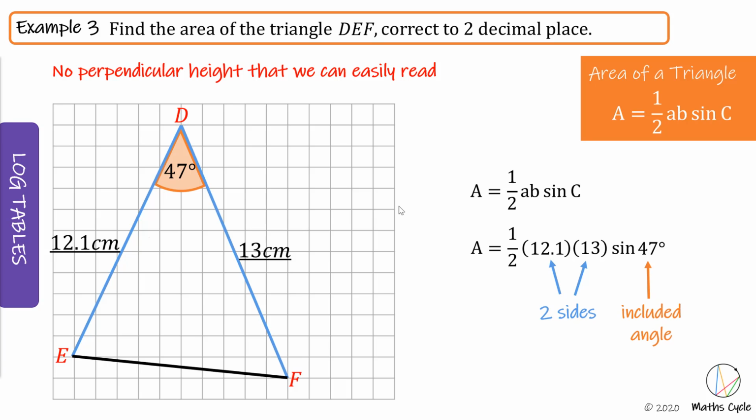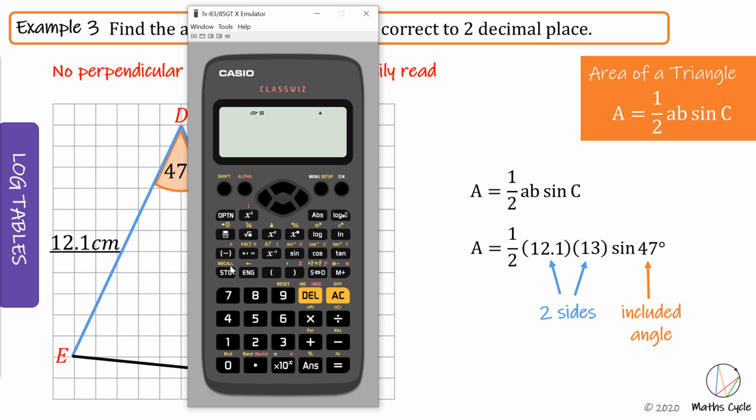So type this now into your calculator. So press my fraction button. So 1 down arrow, 2 arrow out. So that's a half times 12.1, end bracket, times 13, end bracket, by the sine of 47 degrees, end bracket, equals 57.5209.